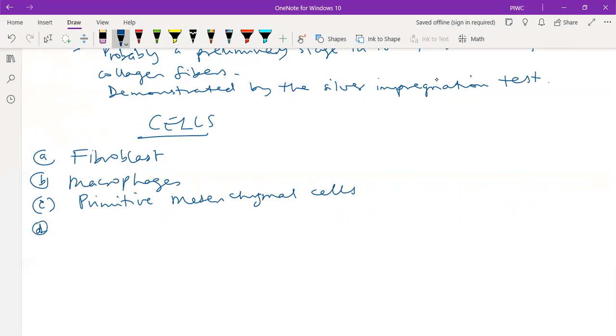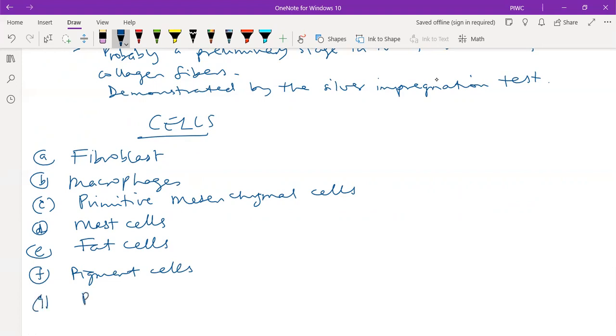4, the mast cells; 5, fat cells; you can have pigment cells; you can have plasma cells; and then we can also have the blood cells.